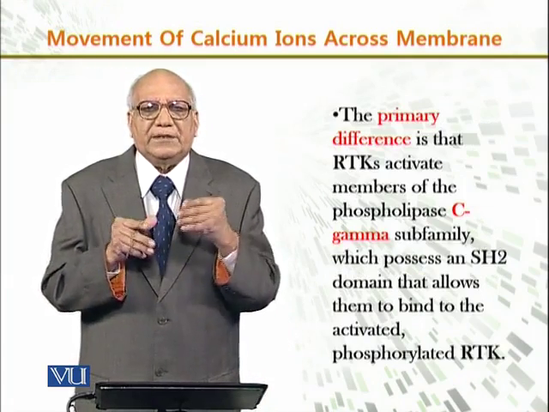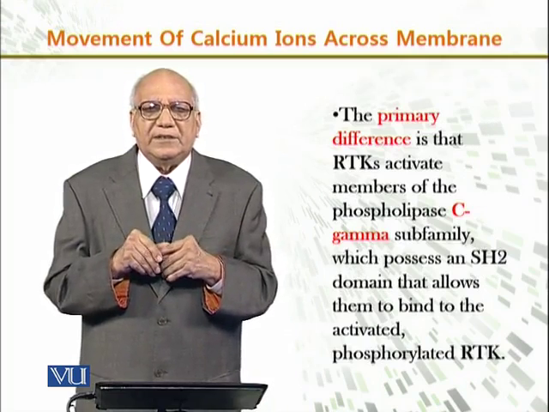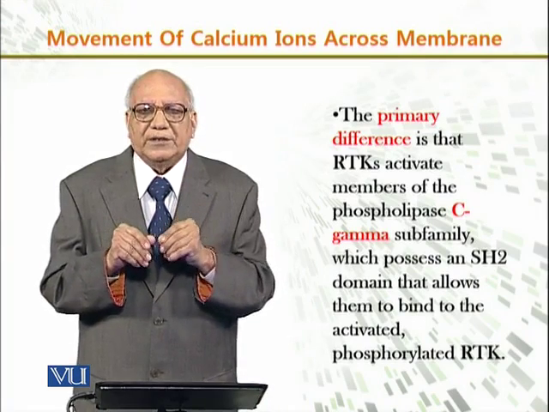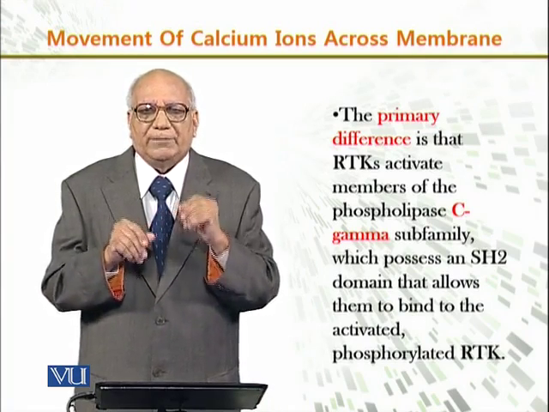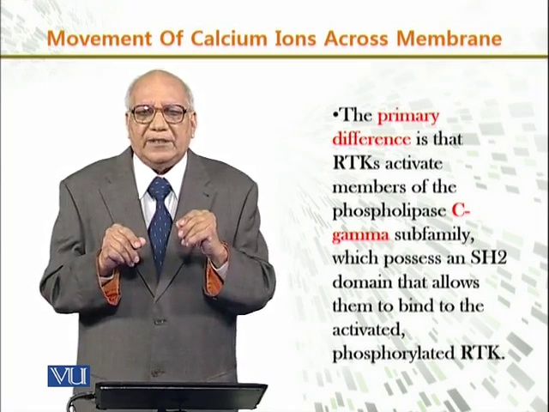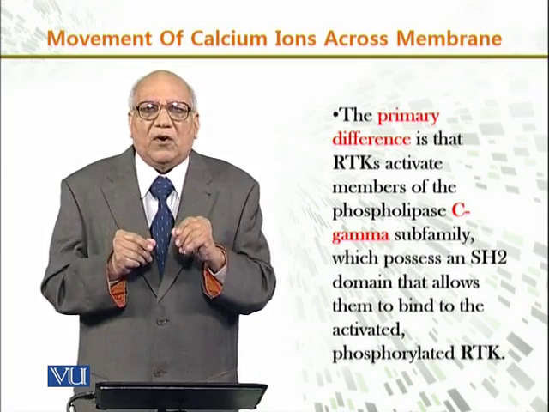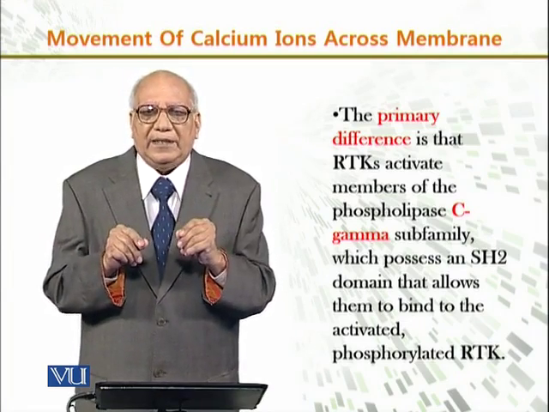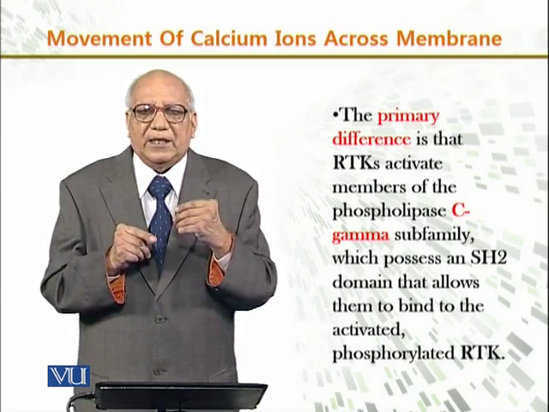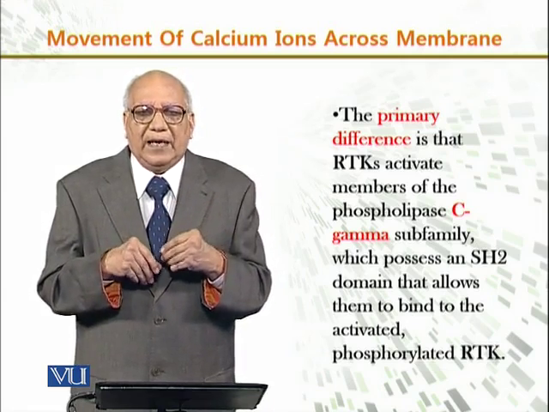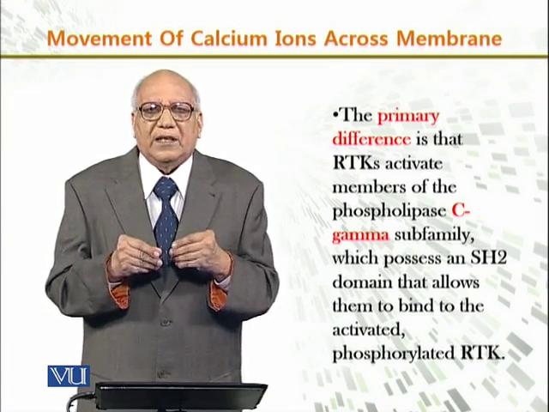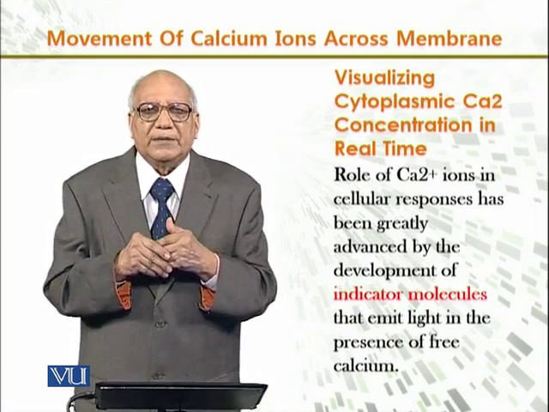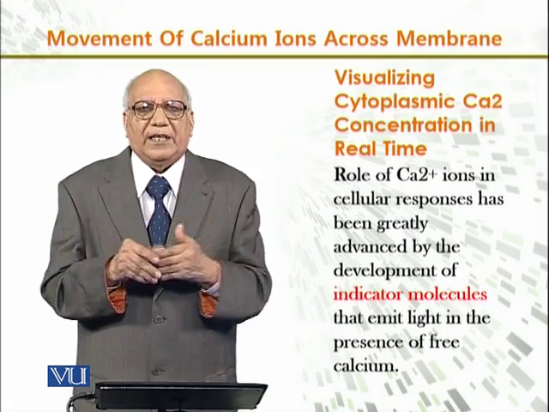The primary difference is that RTKs activate a member of the phospholipase C gamma subfamily, which possesses an SH2 domain. Remember, we have already discussed different domains and enzymes and how they act. The SH2 domain allows them to bind to the activated phosphorylated RTK. And this is the mechanism of transport of calcium.